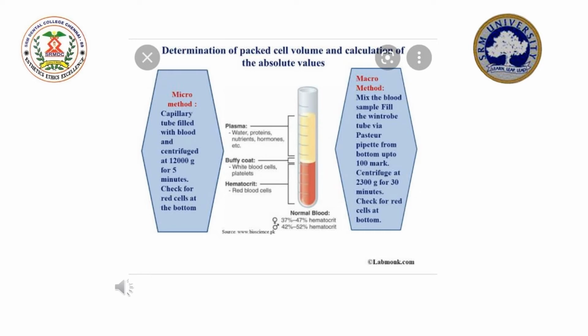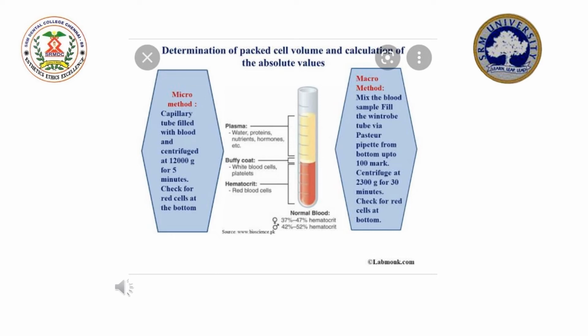Now, coming on to the other methods of packed cell volume estimation, we have two other methods. The second method is what we call the microhematocrit method. In this method, a heparinized capillary tube is used and blood is filled by capillary action. The bottom end of the tube is sealed and the top end is open.